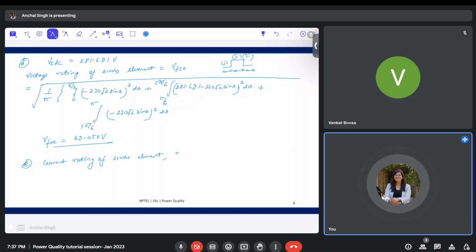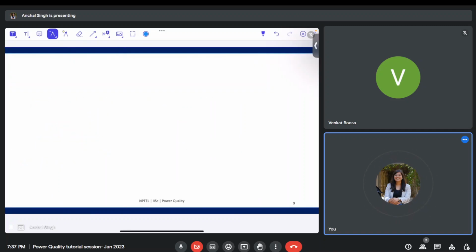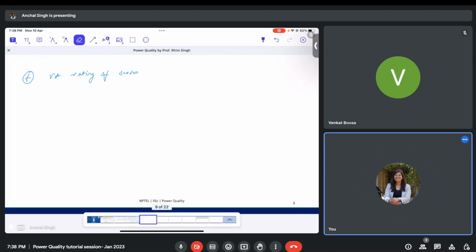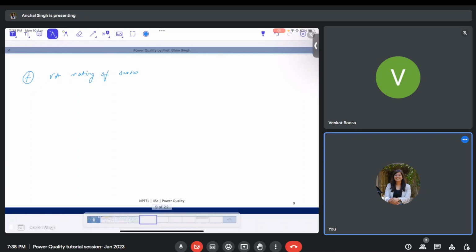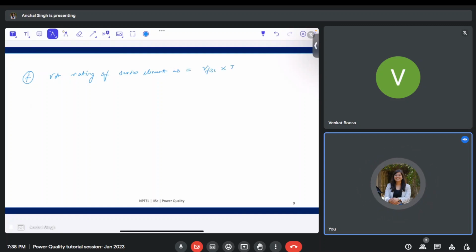Let me call it ISE, which will be equal to the value of supply current after compensation, which we have already calculated and is known to us as 19.35 amperes. So, using these parameters, we can calculate the VA rating of the series element as VFSE into ISE.